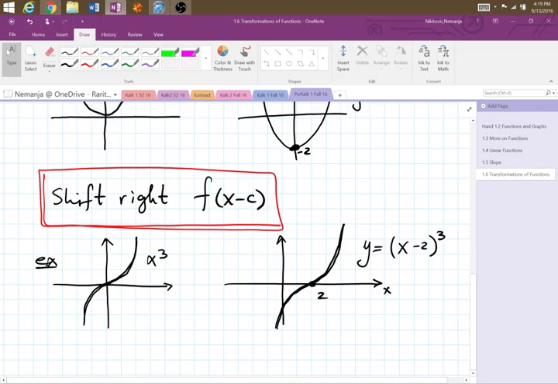But in actual world, both of them should be backwards, because this kind of shift up and down should be on the y side of the equation, and then minus would be up and plus would be down.